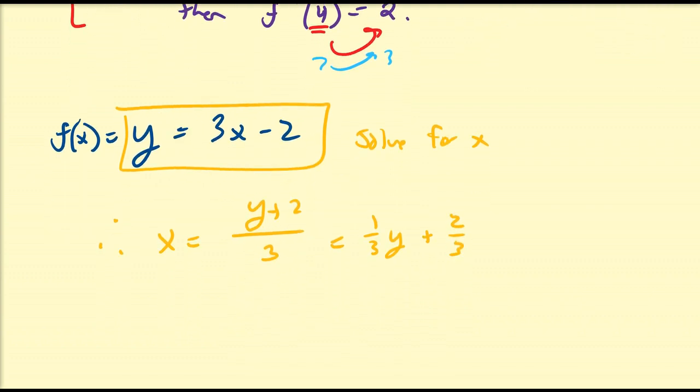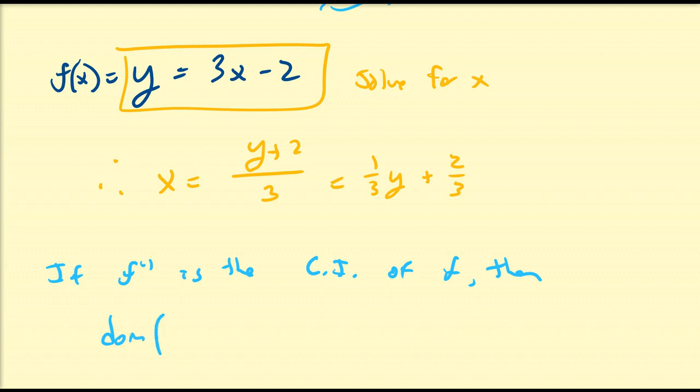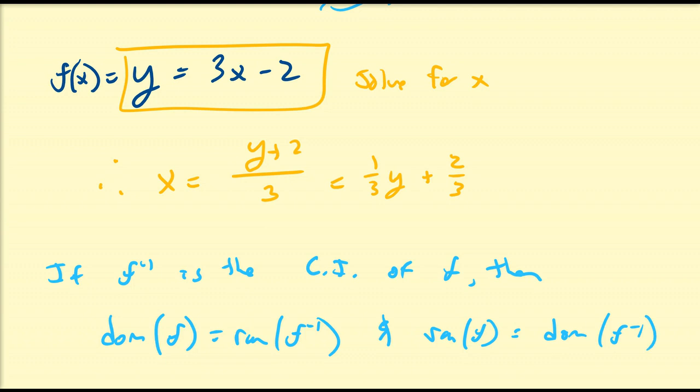So remember, if f inverse is the compositional inverse of f, then the domain values of f are equal to the range values of its inverse, and the range of f is equal to the domain values of its inverse. And remember, typically we associate x values with the domain and y values with the range, and the range of this is going to be x.